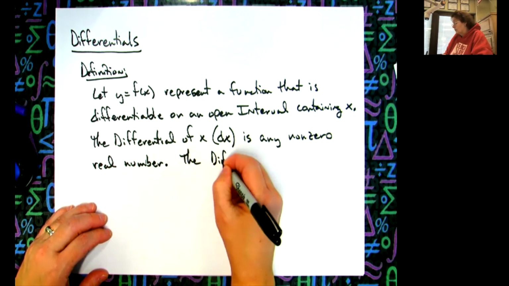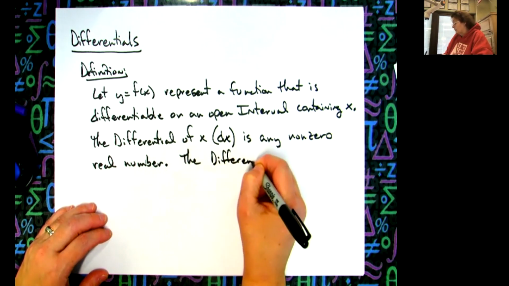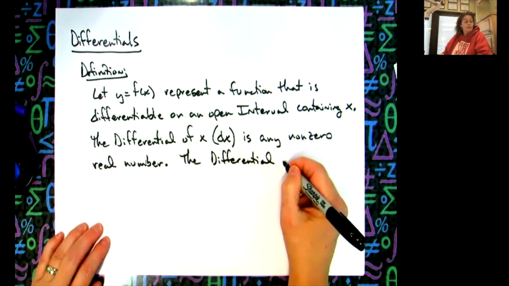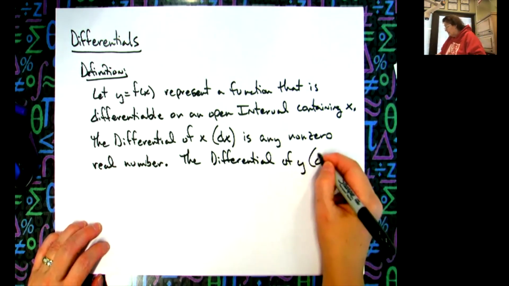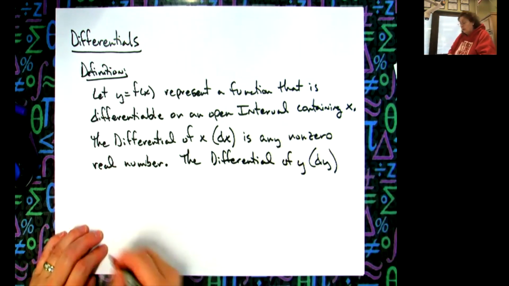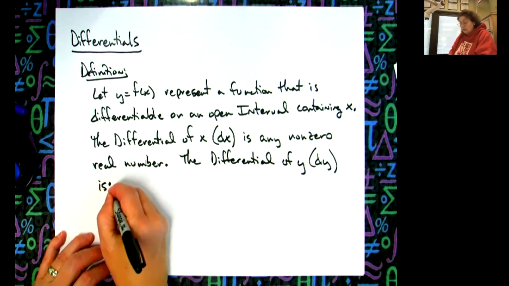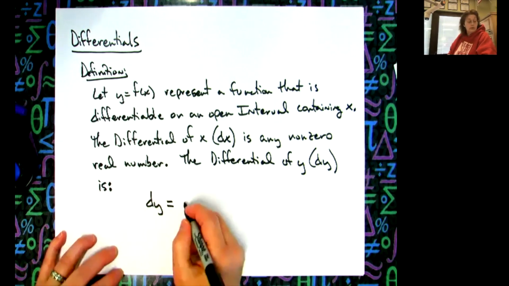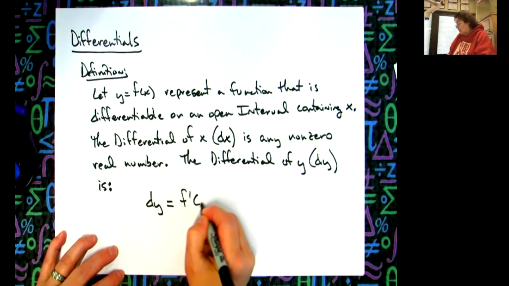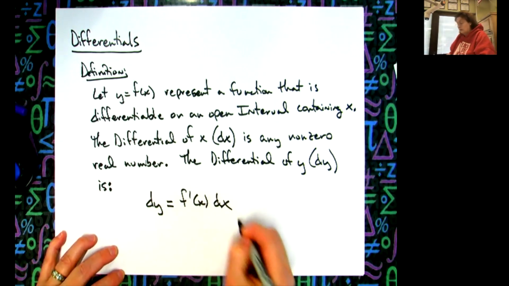The differential of y, which we're going to denote with a dy, is equal to f prime of x dx.